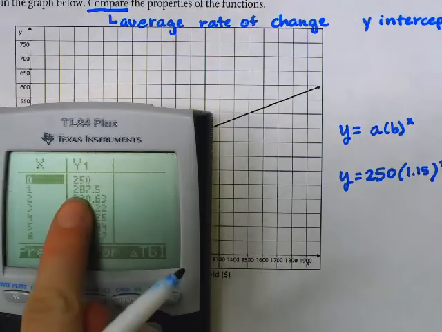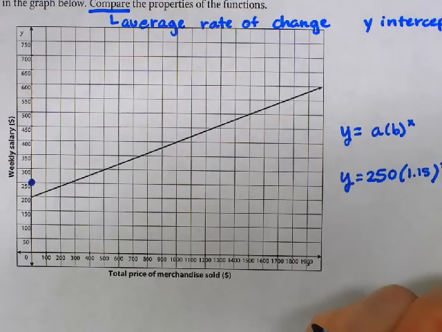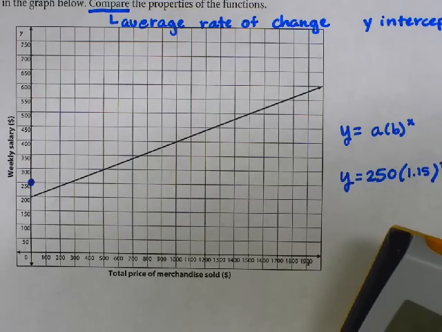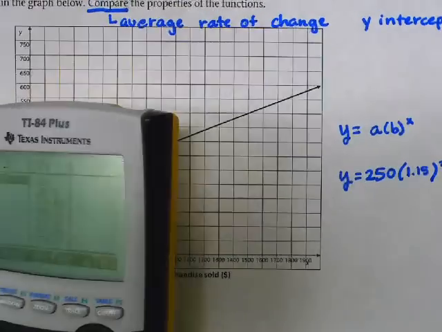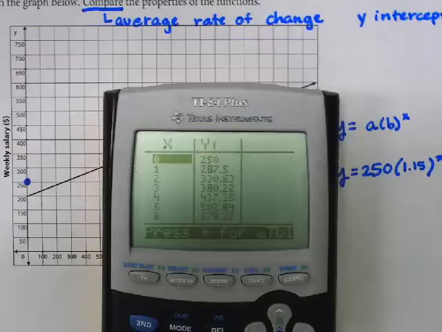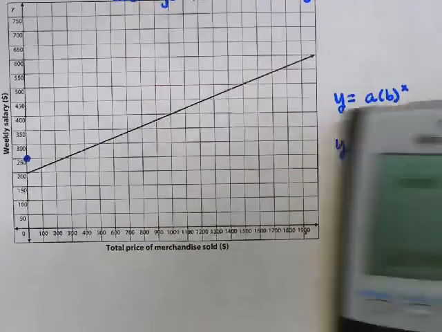1 should be 287.5. Oh, that goes in hundreds. Alrighty then. Then we'd have to scroll all the way down to 100, and that would be a lot of scrolling. So maybe we won't actually graph it on here. Maybe we'll just look at our table.